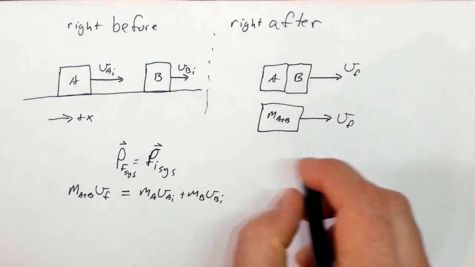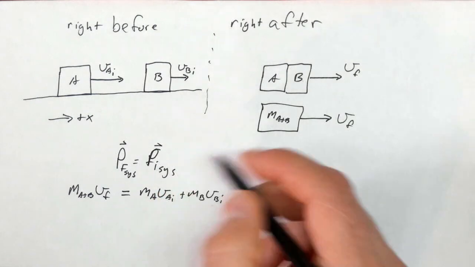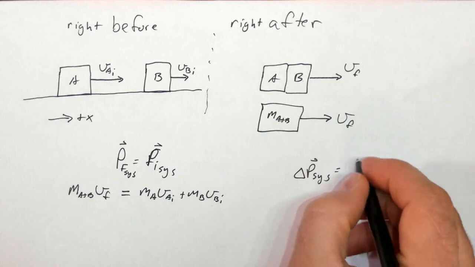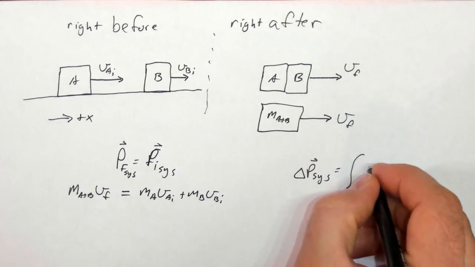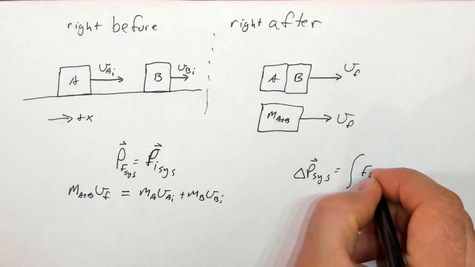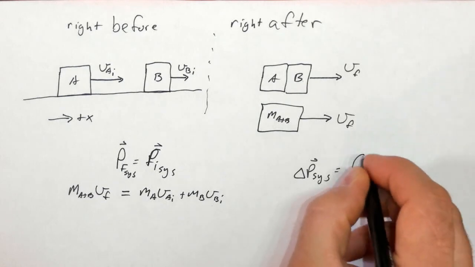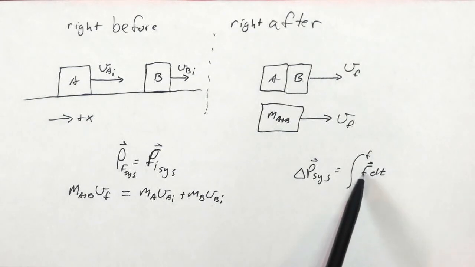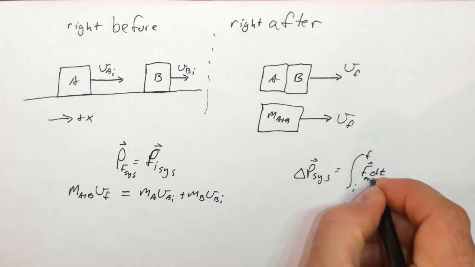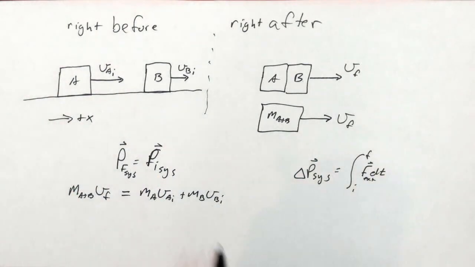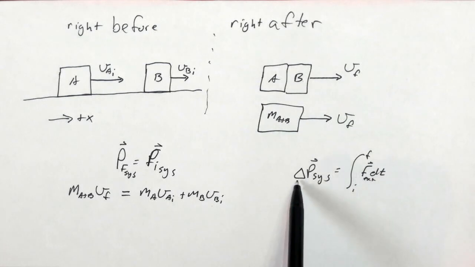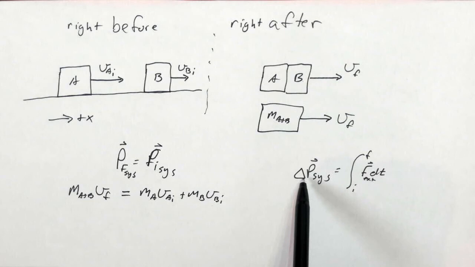And if you remember, we were able to say initial equals final here because delta p of our system was equal to the impulse, or the integral of F dt, from some initial time to some final time. And this would be external forces, not internal. There's internal forces between these two objects, but external forces. And so if there are no external forces, then the delta p is 0, so final equals initial.